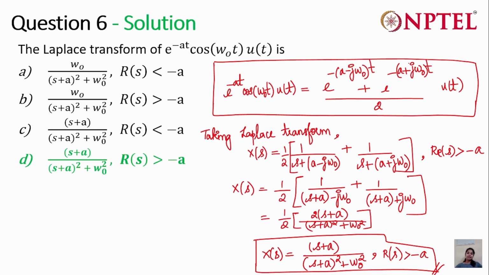And there we had the ROC as real part of s greater than 0. Since we have e power minus at, now we have real part of s greater than minus real part of a. So whenever we have e power minus at, in the Laplace domain, it basically translates to a shift in s. So s plus a by s plus a the whole square plus omega naught square.